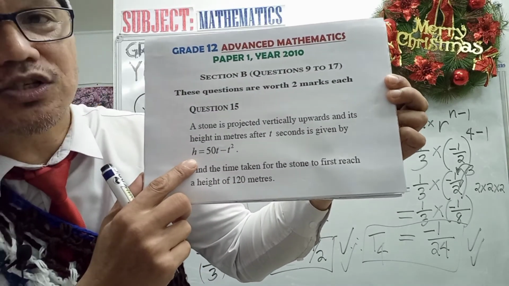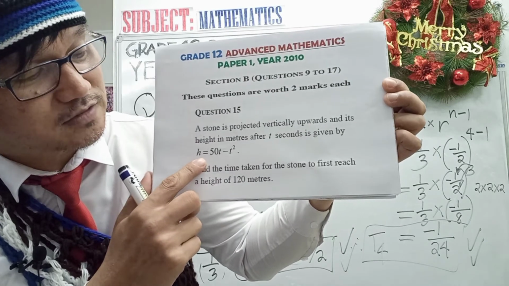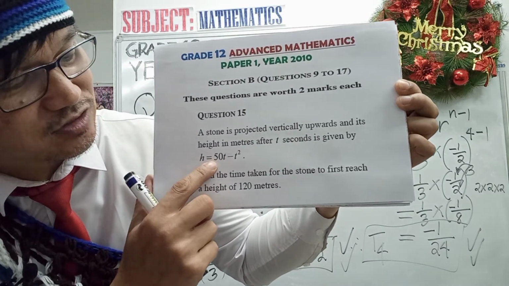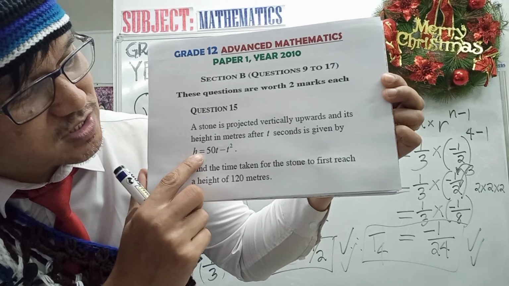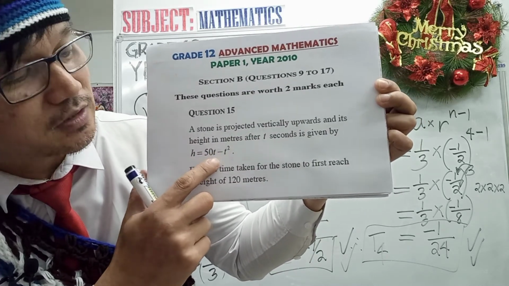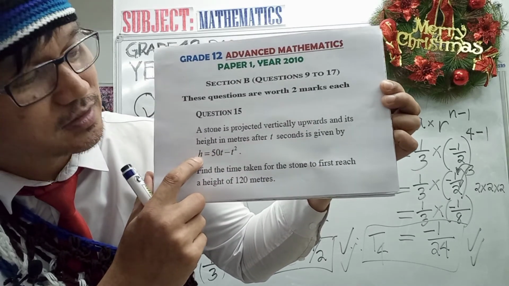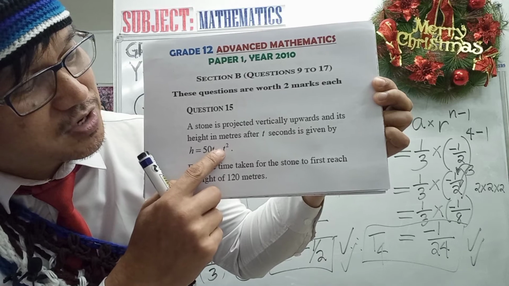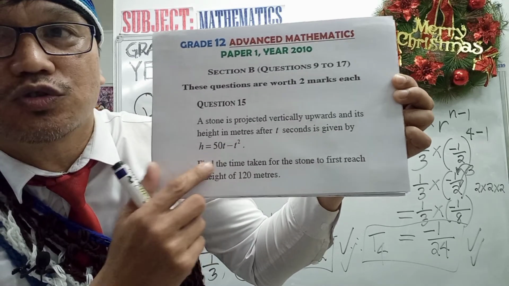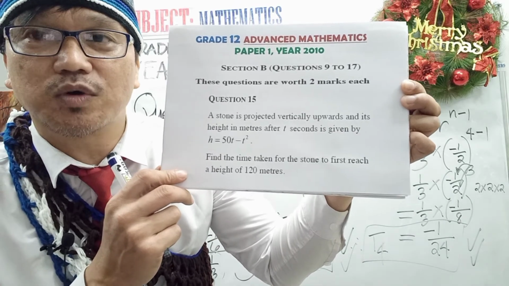The given function for the height of the stone that was thrown vertically upward is a quadratic. H is equal to 50t minus t squared. The t here is the time, the h is the height, and the highest degree of the exponent is 2. Therefore, the given function is a quadratic.